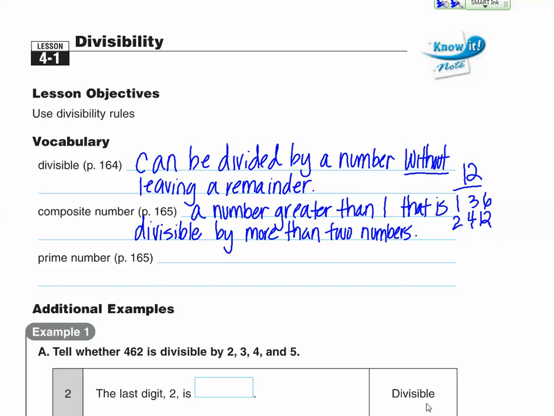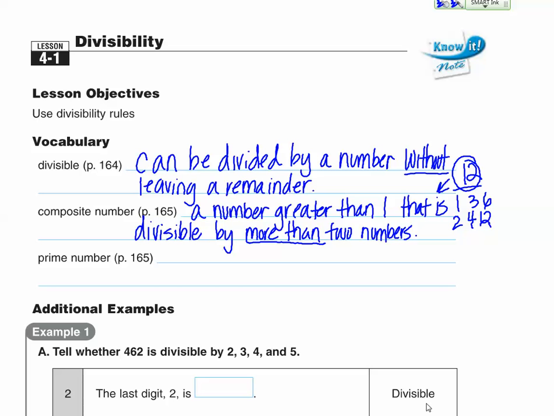So these are numbers that 12 is divisible by. And 12 would be considered a composite number because it meets this definition. It is a number that's greater than 1, and it is divisible by more than 2 numbers. So it's divisible by 3 or more numbers.